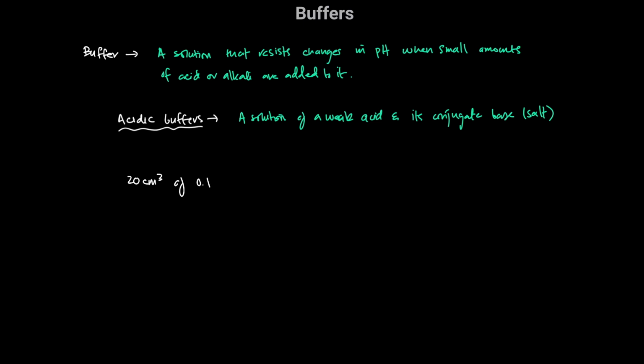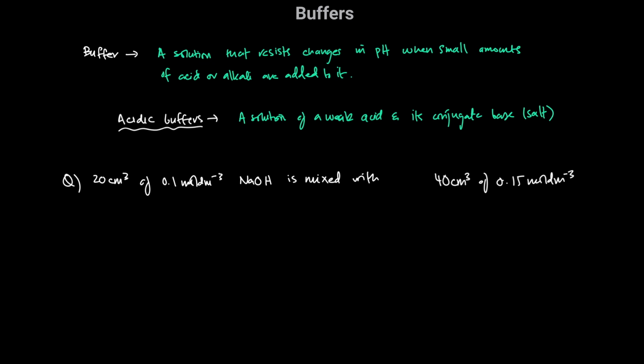20 cm cube of 0.1 mole per dm cube sodium hydroxide is mixed with 40 cm cube of 0.15 mole per dm cube ethanoic acid, that is CH3CO2H.